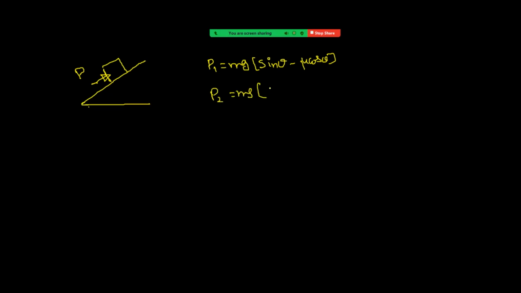It is given that the force P is applied from P1, mg into (sin theta minus mu cos theta), to P2, mg into (sin theta plus mu cos theta). So we have to decide the force, right?